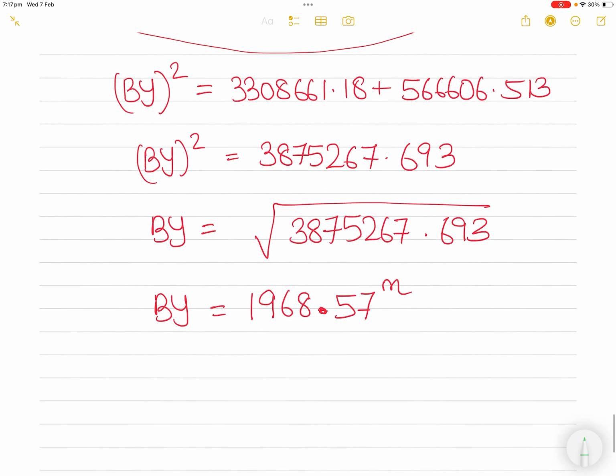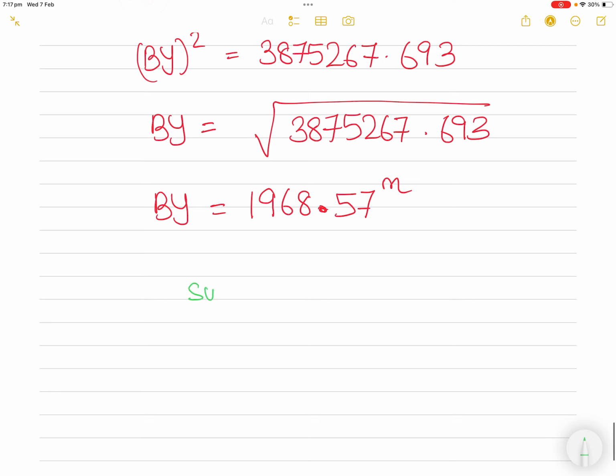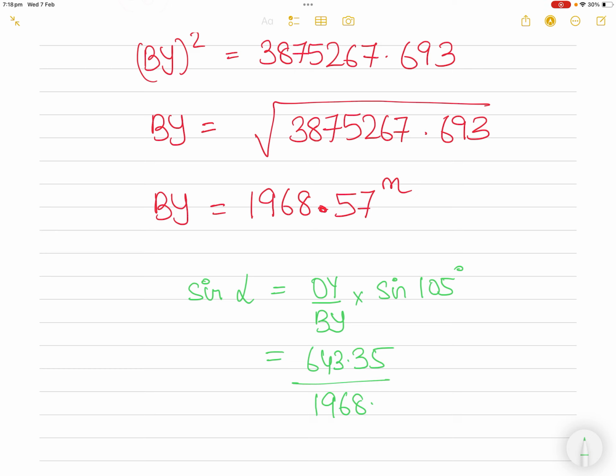We have more space, so let's write down here sine of L equals OY over BY multiplied by sine of 105 degrees. So this is nothing but 643.35 divided by 1968.57 multiplied by sine of 105 degrees.